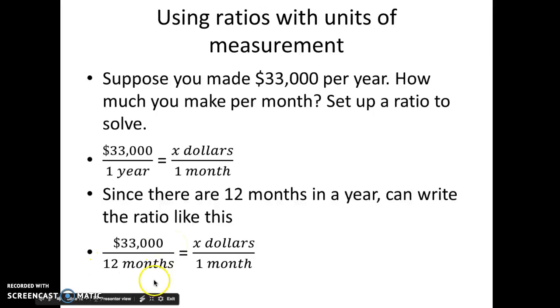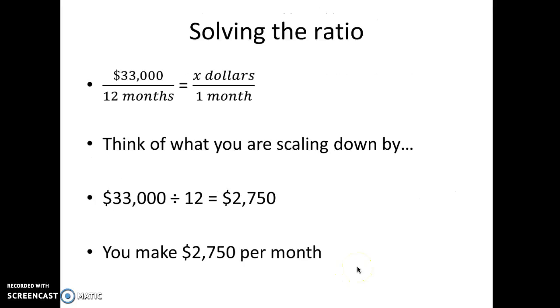So to figure out in 1 month how much money I'm going to make, I'm going to do $33,000 divided by 12 because 12 divided by 12 is 1. So 33,000 divided by 12 will give me X dollars. When I do this, I'm going to get 2,750. So that means that if you make $33,000 per year, you make $2,750 per month, which is reasonable because you'll make less per month than per year.